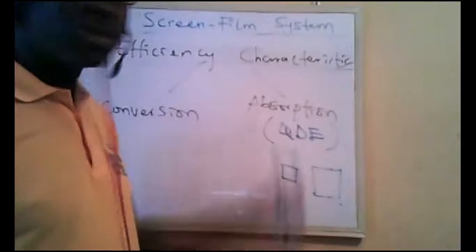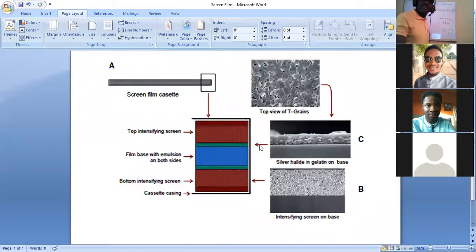Let's quickly look at the structure of the screen before we look at the relationship between the thickness of the screen and the quantum detection efficiency. I hope you can see that.